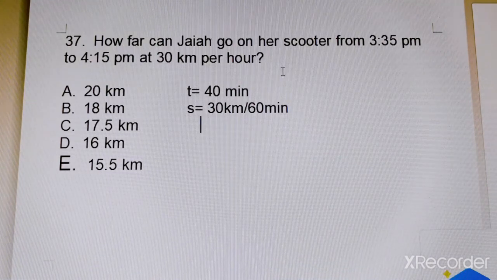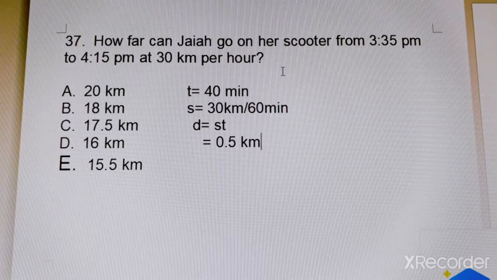Then what is asked is the distance, and distance is S, the speed times time. So substitute 30 over 60. By the way, 30 over 60 is just 1/2 or 0.5. So we can just write 0.5 km per minute. Then times 40 minutes, the time.